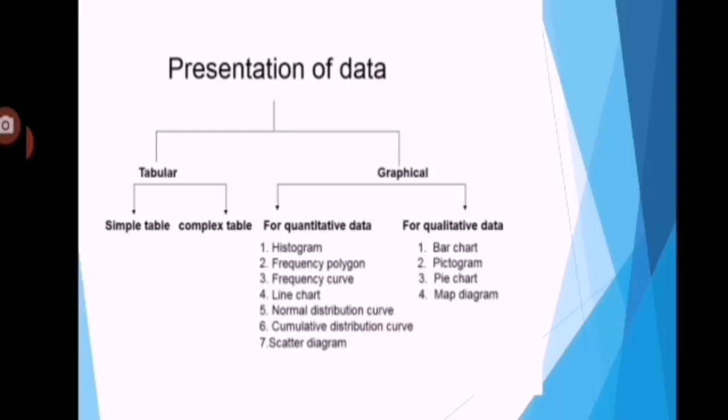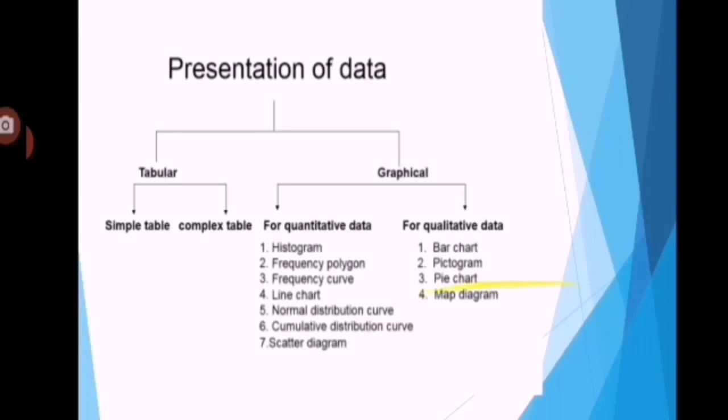These are for quantitative data. And the next is qualitative data, divided into four types: one is bar chart, second is pictogram, third is pie chart, fourth is mapgram. These are shown in the presentation of data flowchart.